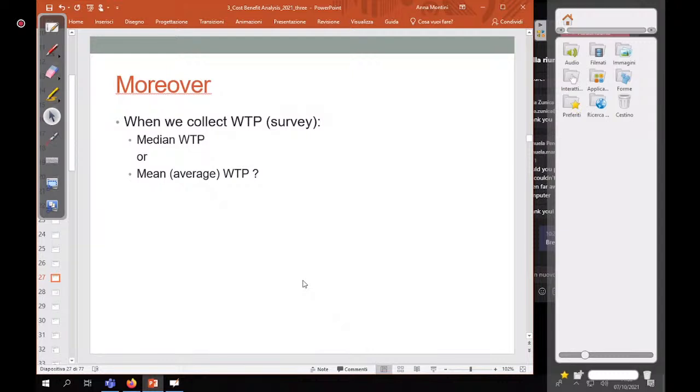Moreover, when we collect information about willingness to pay of individuals with a sample survey, if I ask you about your willingness to pay for a particular project or for a bottle of water, okay, you will give me heterogeneous values, different values, and then I have to calculate the mean of your willingness to pay and or the median of your willingness to pay.